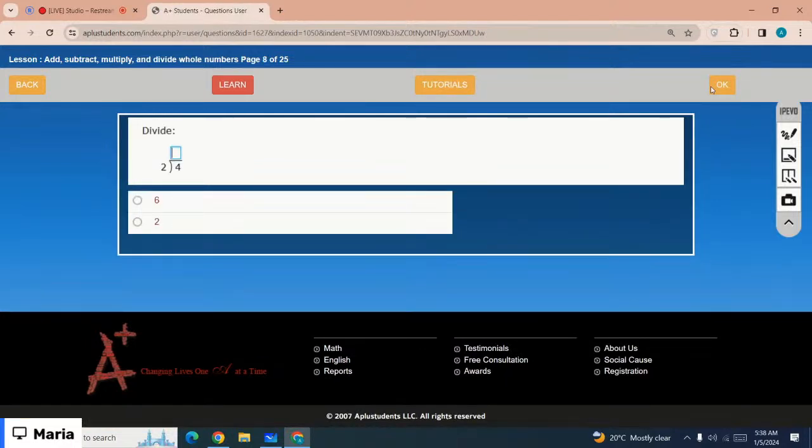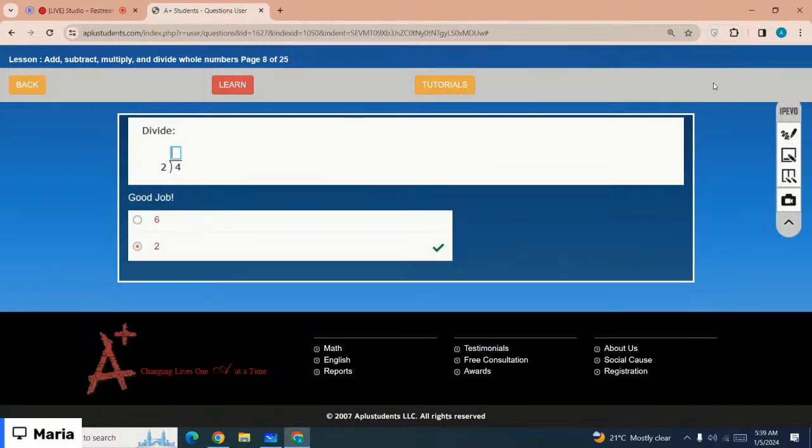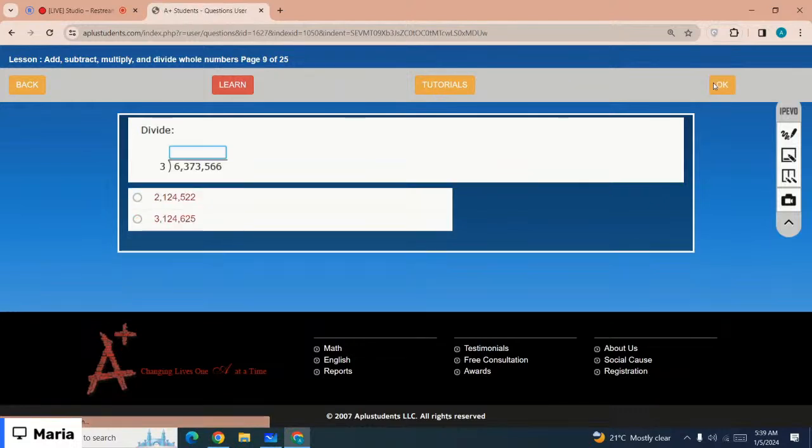Okay, divide 4 divided by 2 is, two times 2 is 4. The correct option is 2. Very good. Okay, divide.